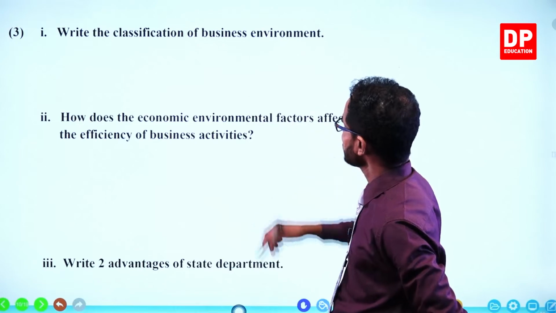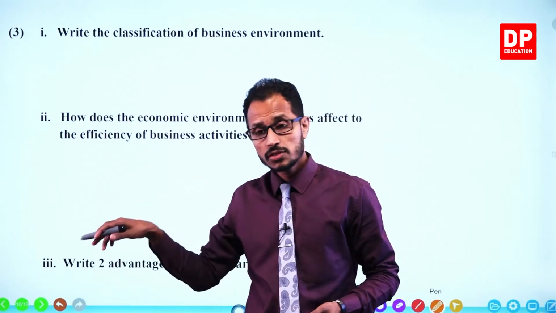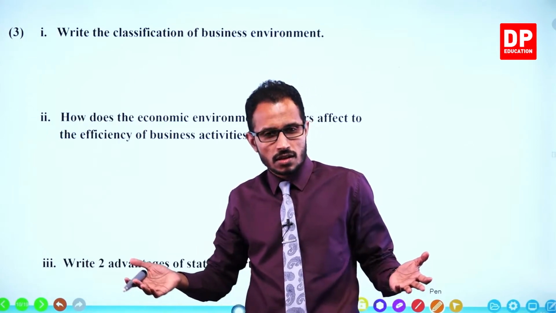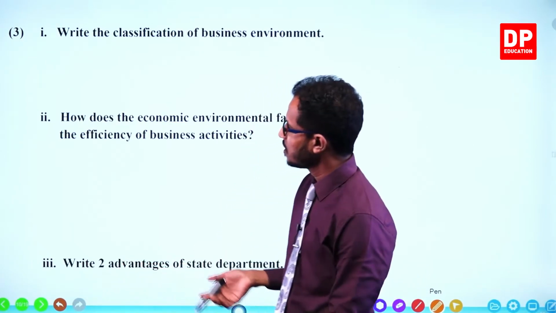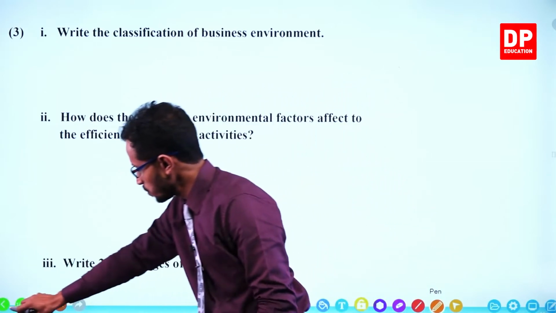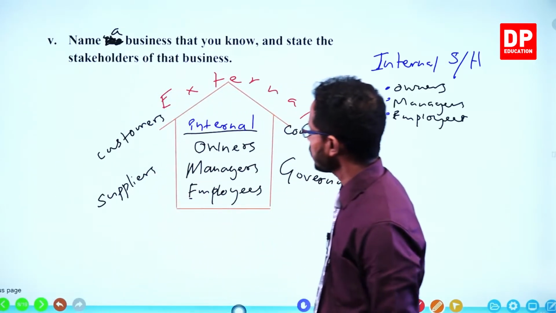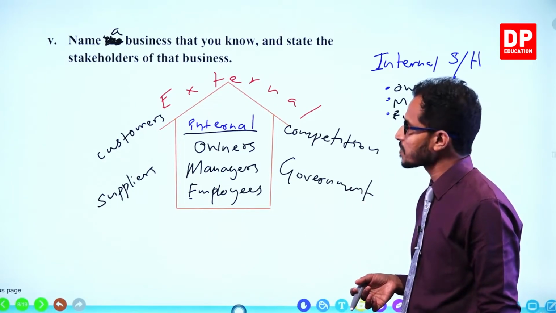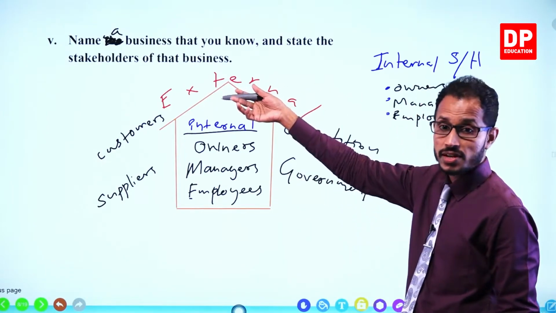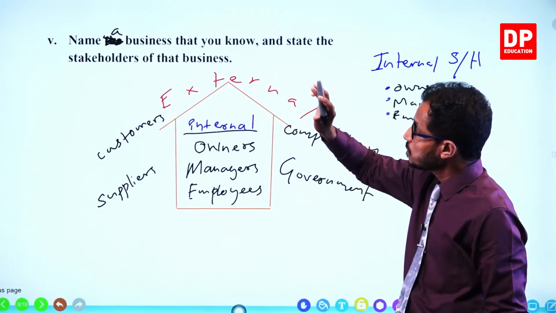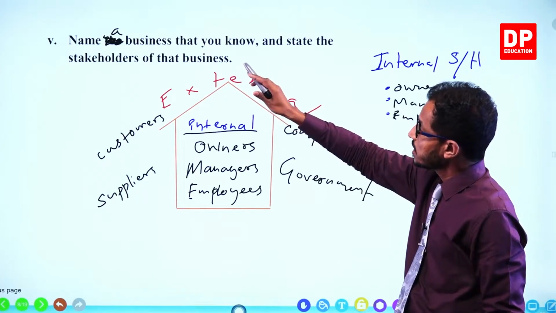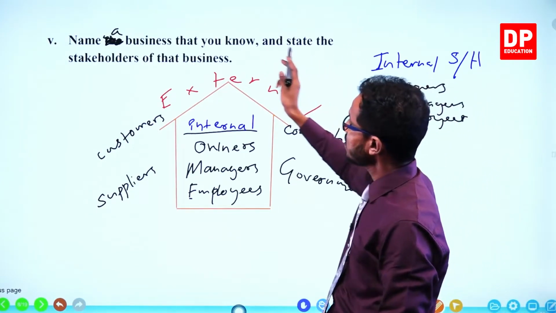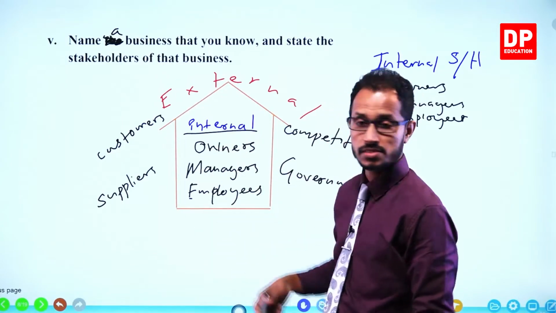Write the classification of business environment. Children, in the previous question we did this. Which one? Let me show you. There you go. The classification of business environments. In this question, children, they have just asked to name a business and write the stakeholders of that business.